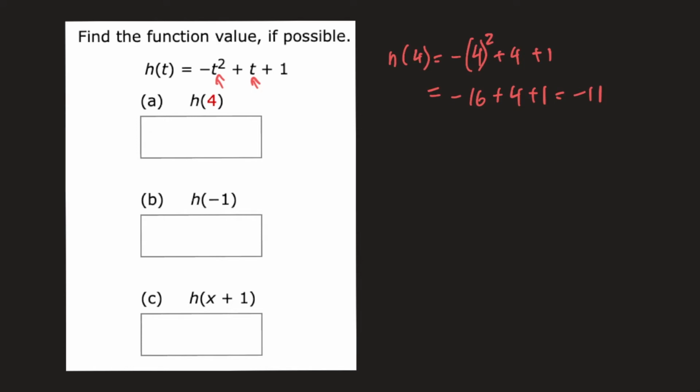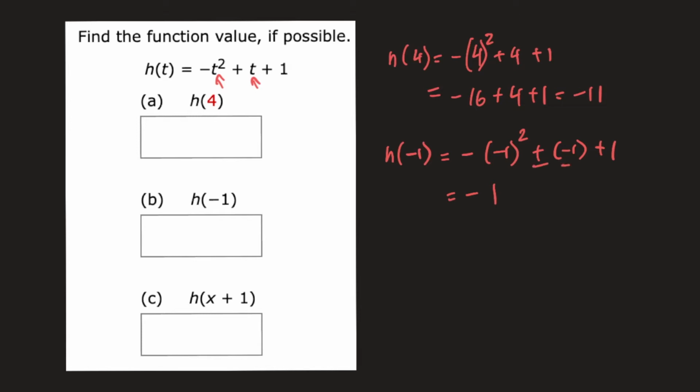In the second part, I have to do the same thing, just with negative 1 for t. Therefore, I have negative from the formula. T becomes negative 1. I'm going to square that, plus negative 1 plus 1. So negative again comes from the formula. Negative 1 squared is positive 1.